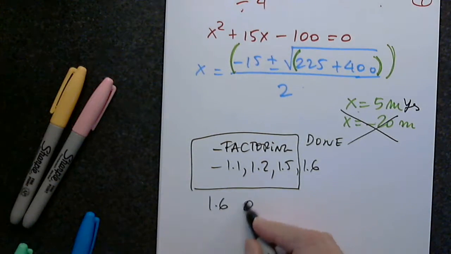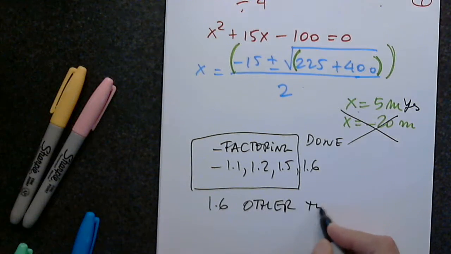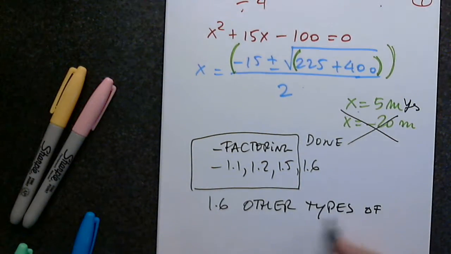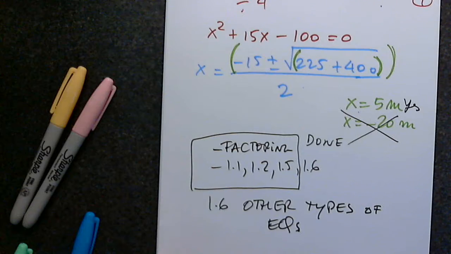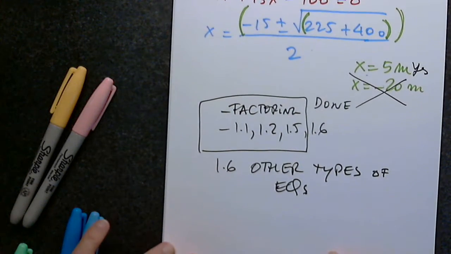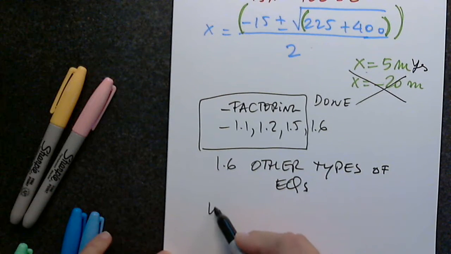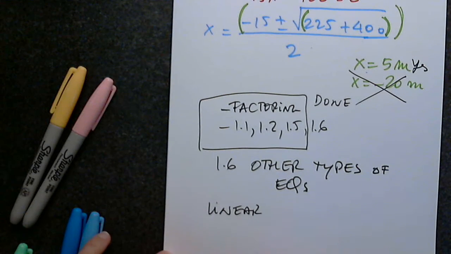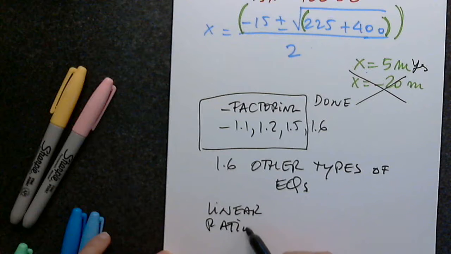1.6. There are many more. So how many we know so far? We're going to add to the list. We know linear. Yes, we know rational. And we know quadratic.